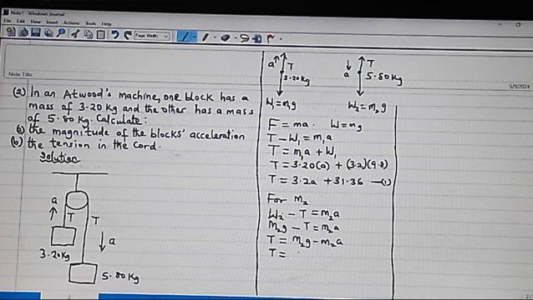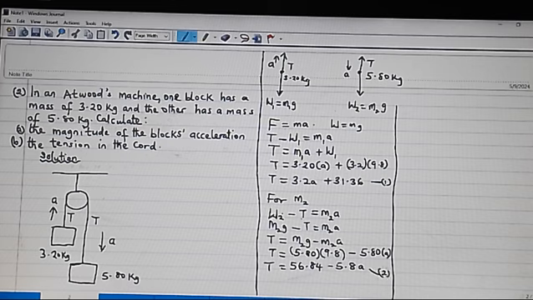It is 5.80, so we say 5.80 into the bracket of 9.8 minus 5.80 times A. This gives us 5.8 times 9.8 gives us 56.84 minus 5.8A. Let's call this one equation 2.